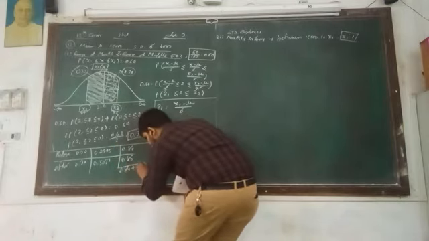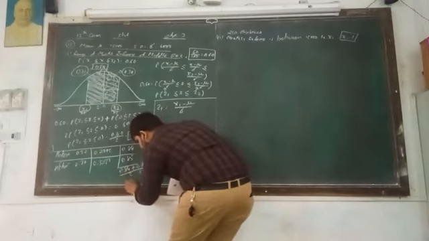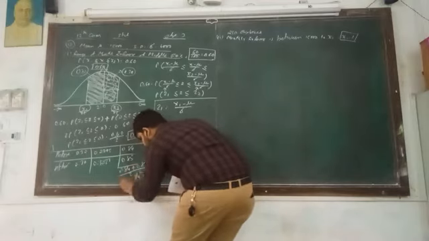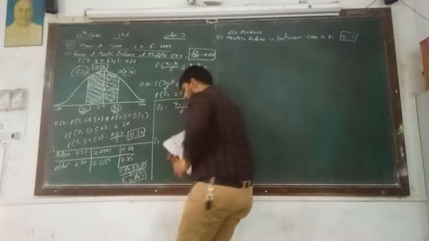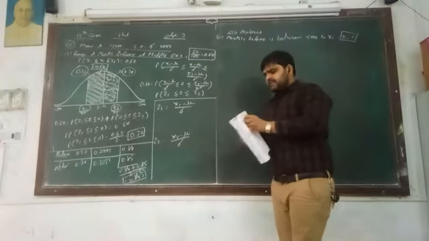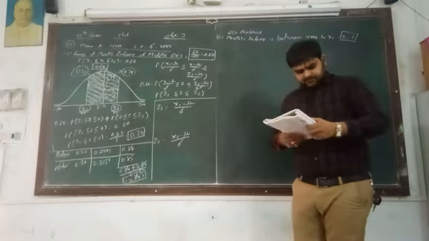So 0.84 plus 0.85 divided by 2 is 0.845. So 0.845 is the value of z.